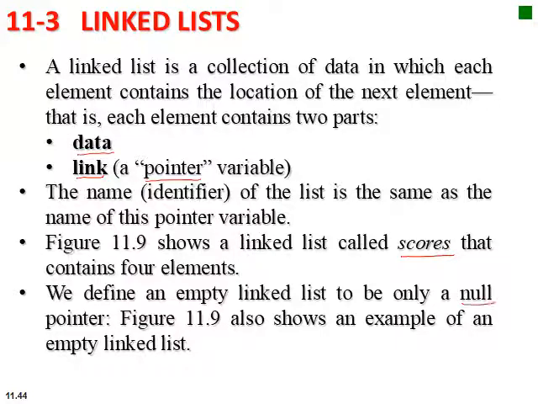So there is this concept of a null pointer, which basically means it's supposed to be something pointing somewhere, but if it contains the value null, N-U-L-L, then it basically means that thing is not pointing to anything, and that means it's an empty linked list. So let's look at figure 11.9.